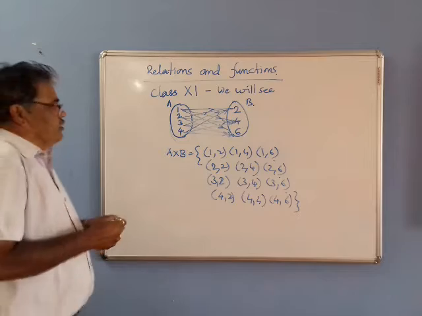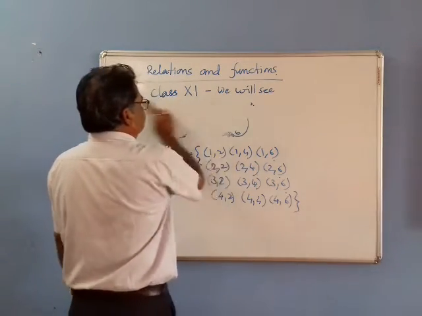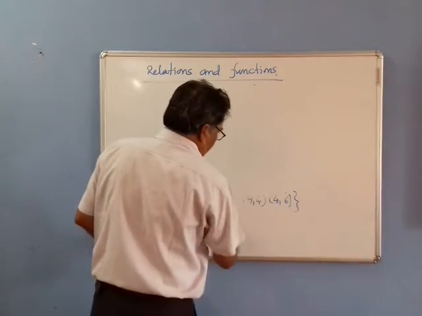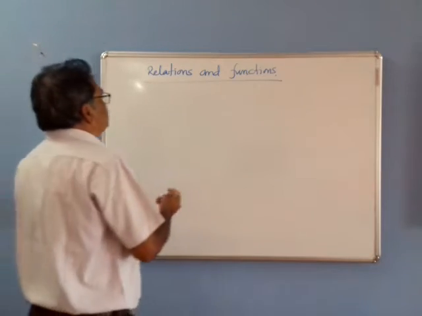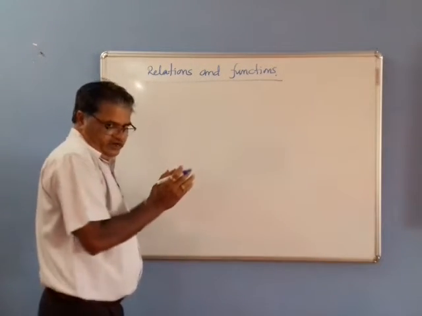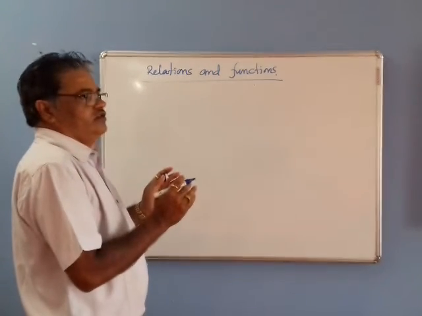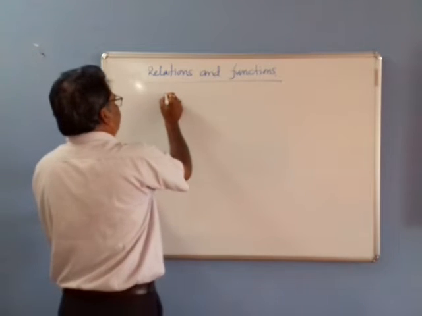Okay, now what is meant by relation? Relation is the interaction between two sets, in such a way that it is a subset of the Cartesian product.